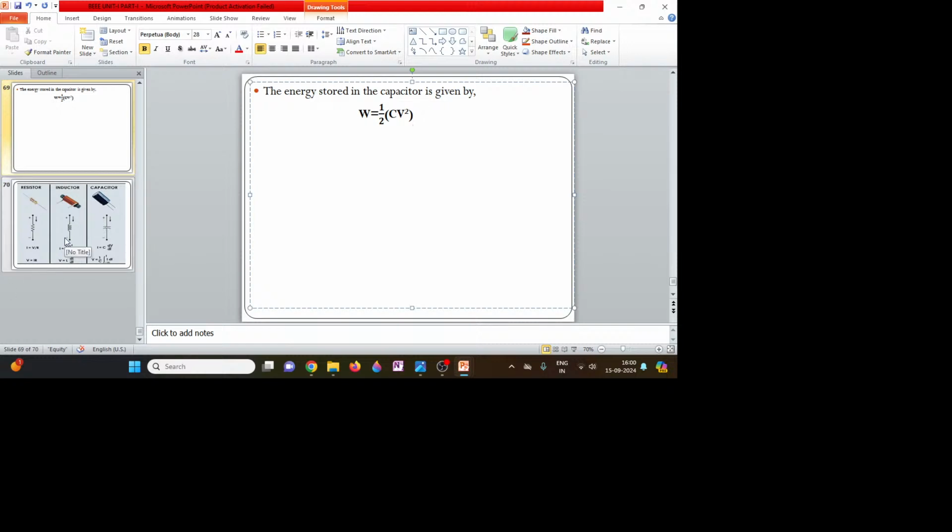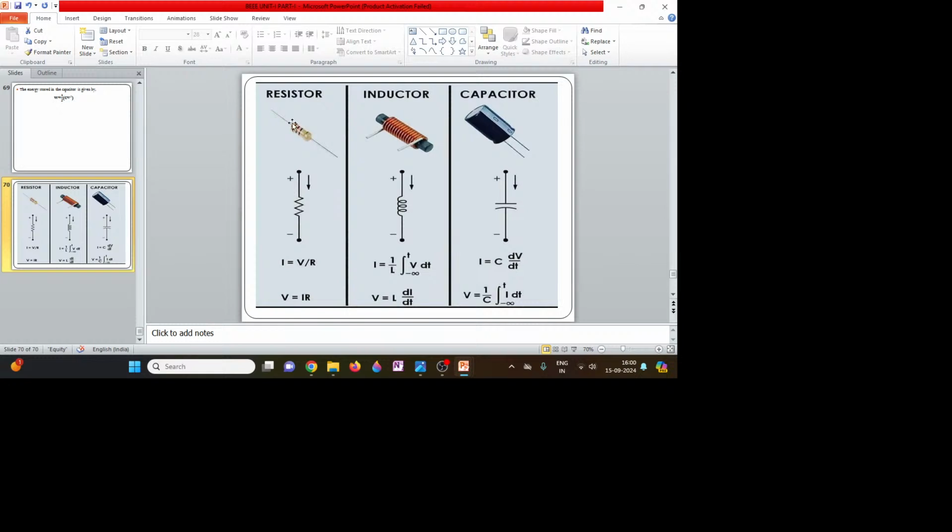So I have summarized whatever we have discussed. This is the resistor, this is the inductor, this is the capacitor, this is the symbol of resistor, symbol of inductor, symbol of capacitor. So current in the resistor is given by I equal to V by R. Voltage in the resistor is given by V equal to I into R. And current in the inductor is given by I equal to 1 by L integral of V dt.